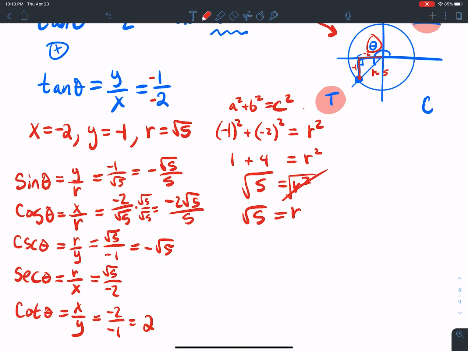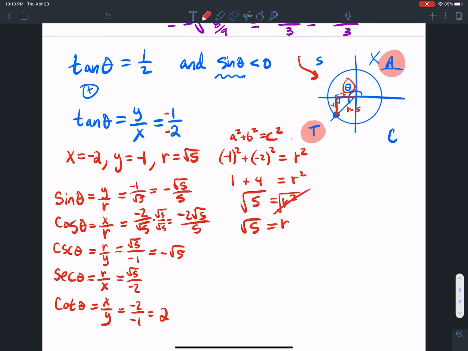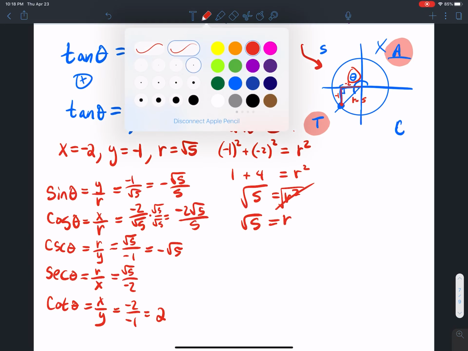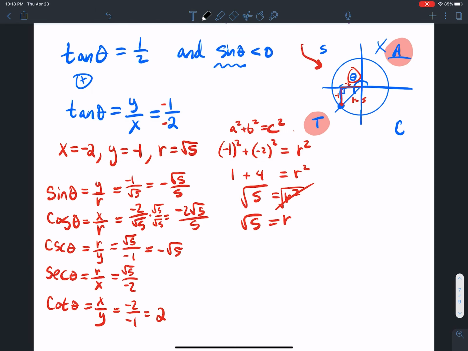So if you wanted to, you could apply your Pythagorean identities again. If I have a tangent value, I think back to the Pythagorean identity: sine squared theta plus cosine squared theta equals 1.